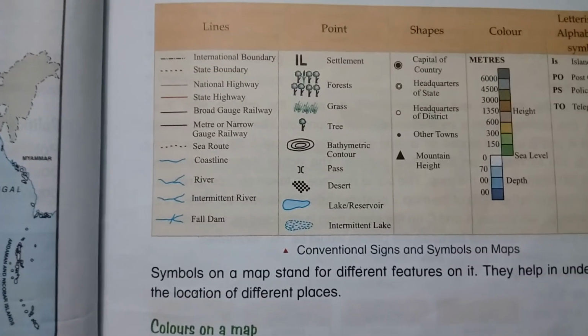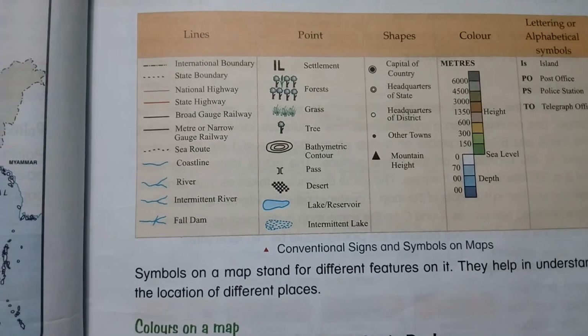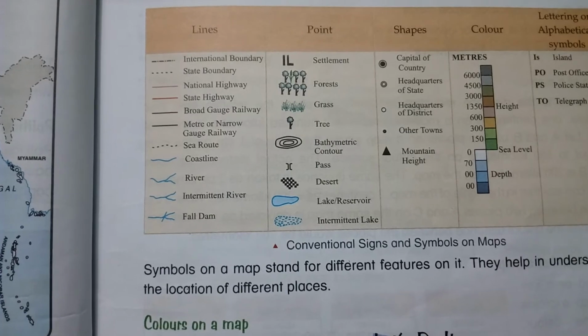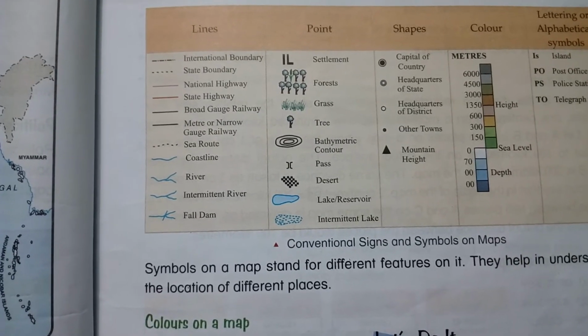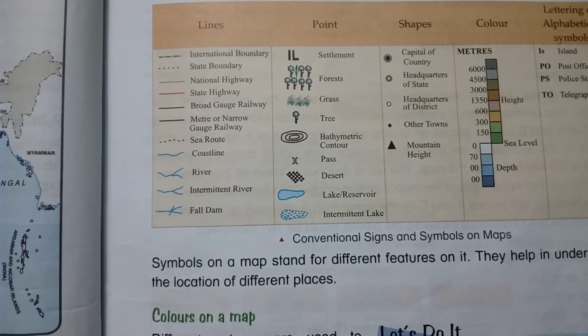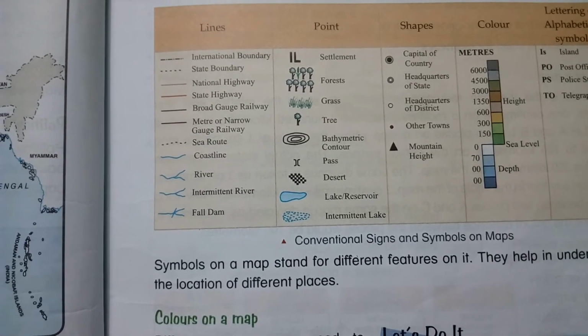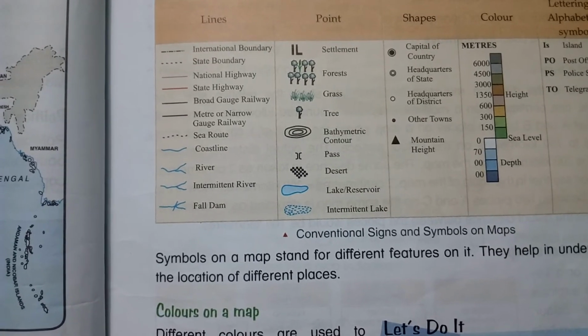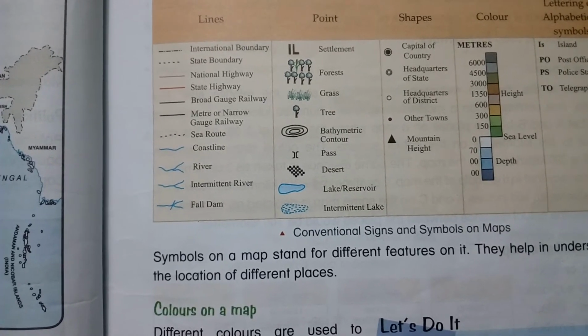So these are the different places and features. By practicing these signs and symbols, you can understand them and can mark or point them out on the map.